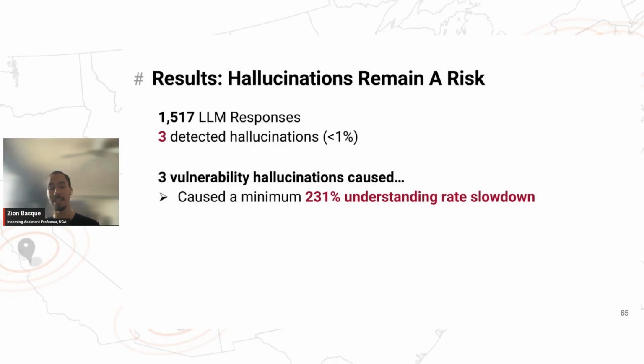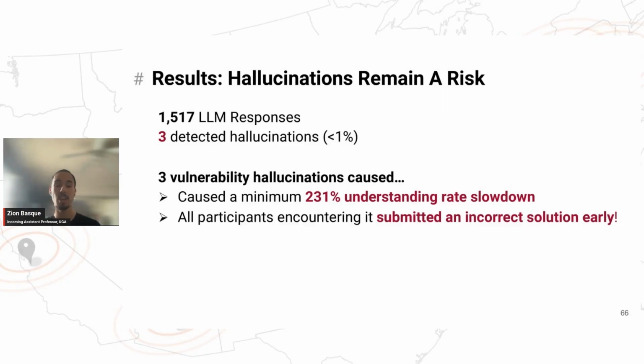But more important than just the slowdown, this actually caused damages to the final report that they submitted. For all three participants that encountered this hallucinated vulnerability, they submitted an incorrect solution early and said that they had found the 0 day, they had found the vulnerability in the binary, submitted to us, and said, I'm done, I've completed it, everything looks right.